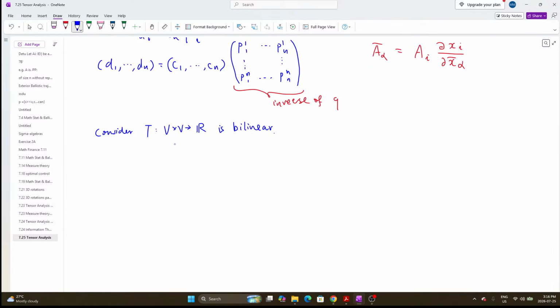So if T is bilinear, and you have two vectors, say V and U in big V, we wish to express the value of T(U,V), once again using index notation, summation notation.